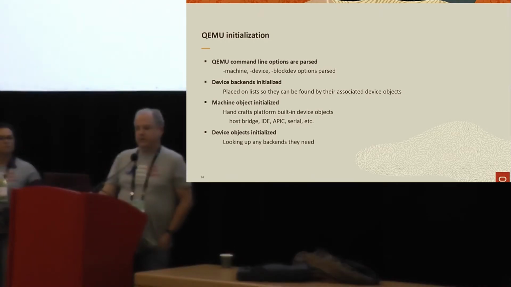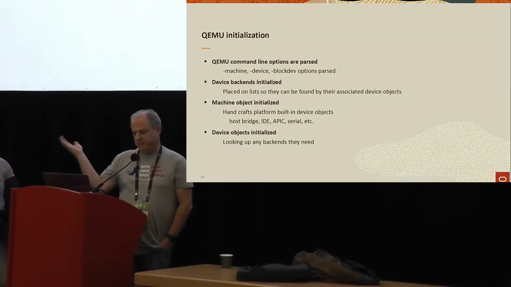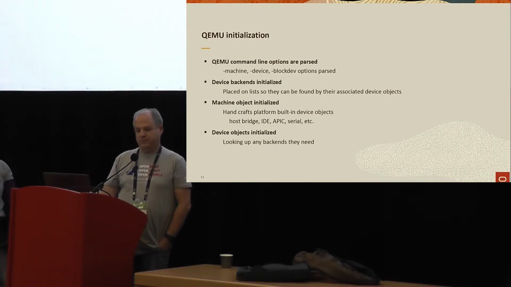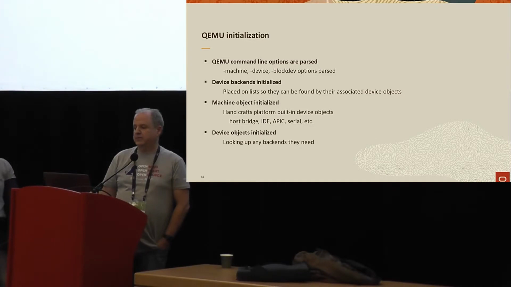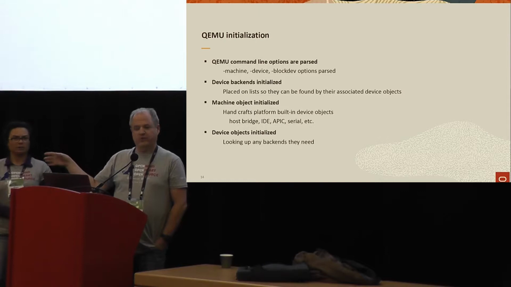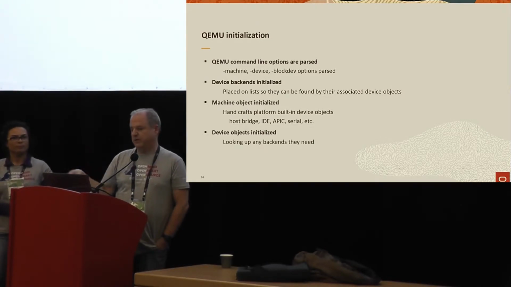So what happens when QEMU starts up? It starts parsing its command line. The machine argument fires up the machine model, the device argument fires up the emulation objects, and something like blockdev creates a device backend. The first thing that happens after it has parsed all the command lines is that the device backends are initialized and placed on lists so they can be found by their associated devices later on.